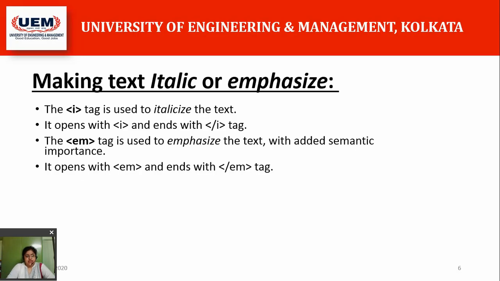And the EM tag is used to emphasize the text with added semantic importance. It opens with EM and ends with /EM tag. So, like in bold and strong, italic and emphasize also differ sometimes, because italic is non-semantic and emphasize has semantic importance. So for more clarity, the emphasize tag can be used.